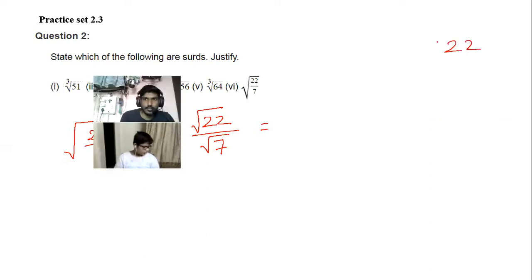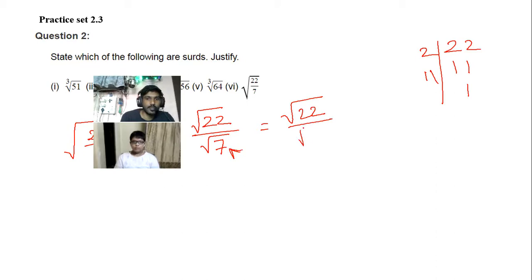We can find out: 2 into 11 and 11 into 1. We will not get a rational number, it will be irrational only. Similarly, 7 is a prime number, so root of a prime number will be irrational only. So root of 22 upon 7 is irrational.